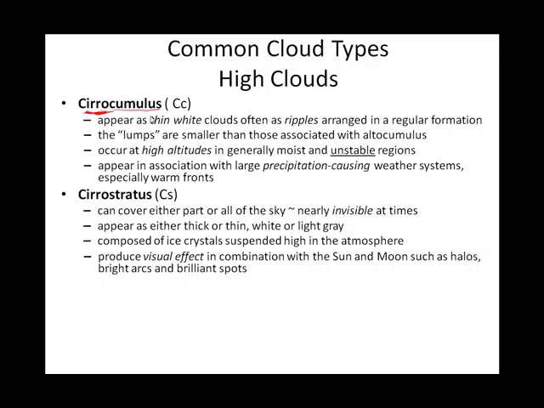Cirrostratus, as we're going to see in chapter 16, are so high up and so cold that instead of liquid water, they are ice crystals. And because they're ice crystals, they can give us neat things like sundogs and halos.